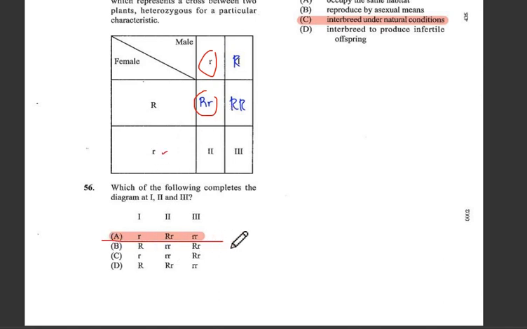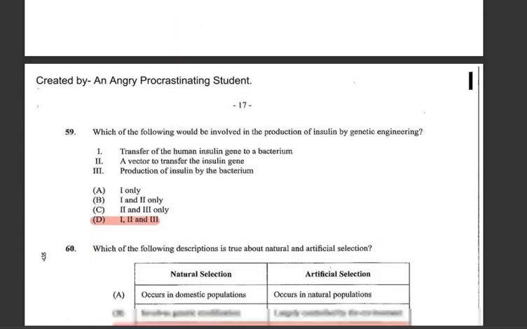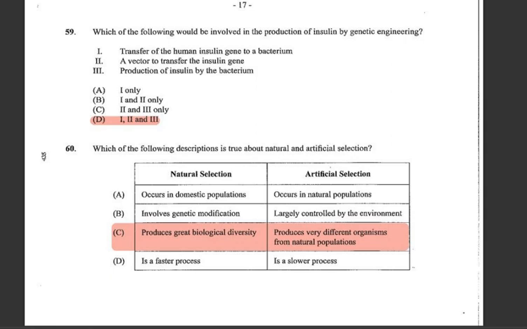Alright, good. Moving along. 59, we're almost through, guys. Which of the following would be involved in the production of insulin? Genetic engineering. Here we are seeing the transfer of the human insulin gene to the bacterium, a vector to transfer the insulin gene, and production of insulin by the bacterium.